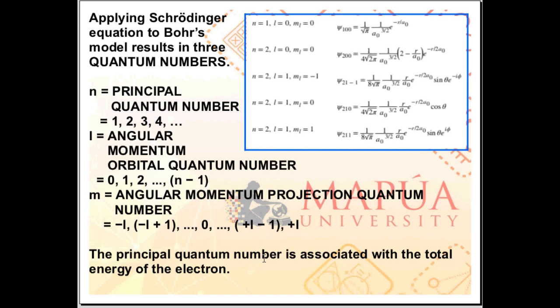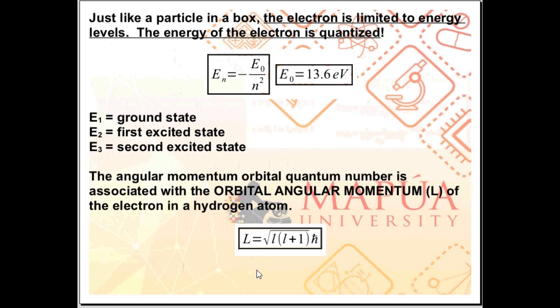The principal quantum number is associated with the total energy of the electron, as we have mentioned. The energy of the electron is quantized, and it is given by the following equation. E sub n is equal to negative E naught over n squared.